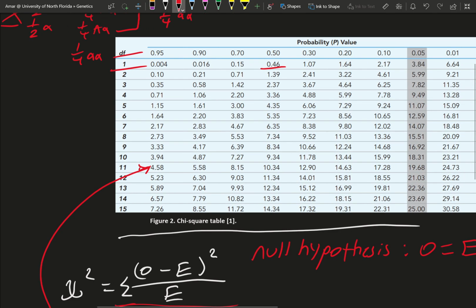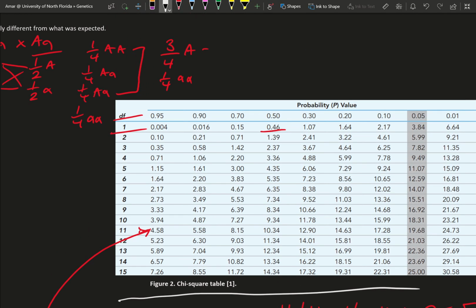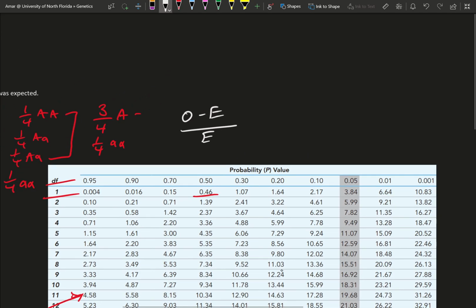So what I mean by that is, let's say this is the equation: observed minus expected, divided by expected. What I tell students is, let's say our observed value is equal to 1. Let's say we're supporting our null hypothesis, which means the observed value is equal to our expected value.